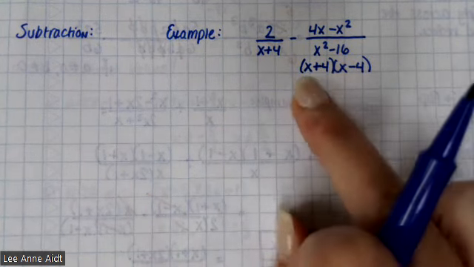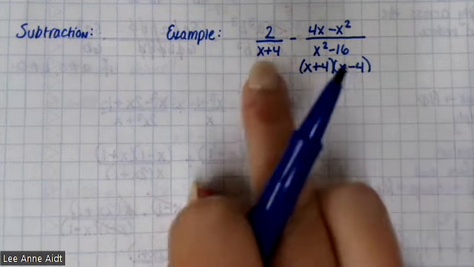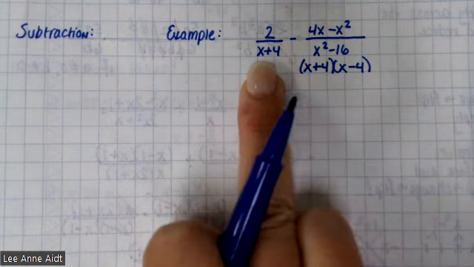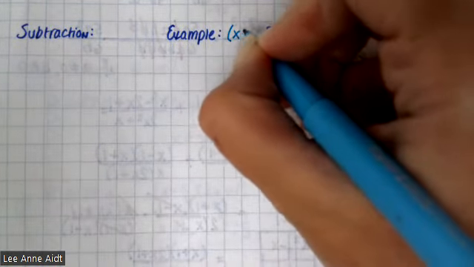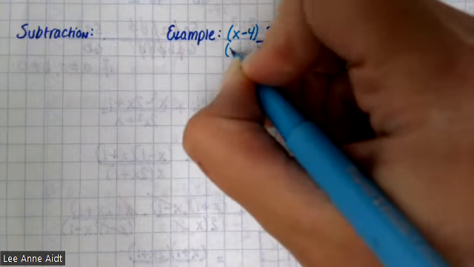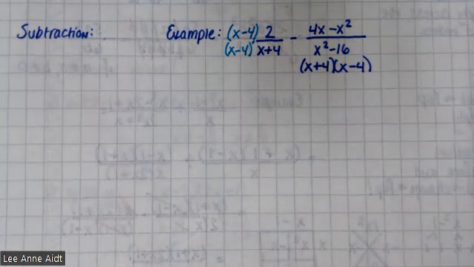Okay, now this side has both x plus 4 and x minus 4. What does this side need? X minus 4. You see why this problem is spicy.